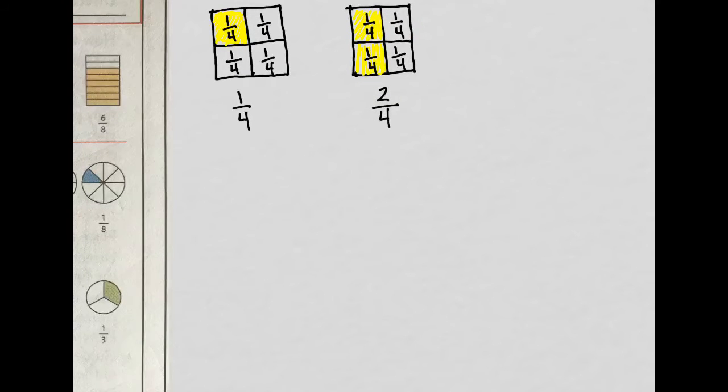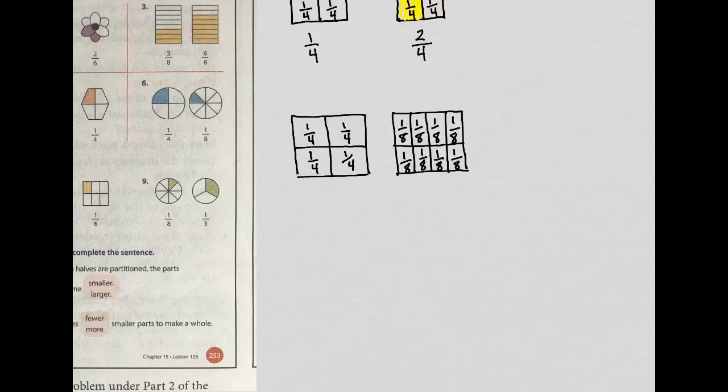Now, sometimes you have different cuts in the same shape. So what I mean by that is, let me draw 2 squares. Okay, so I drew the squares, and you notice that they're divided into different pieces.